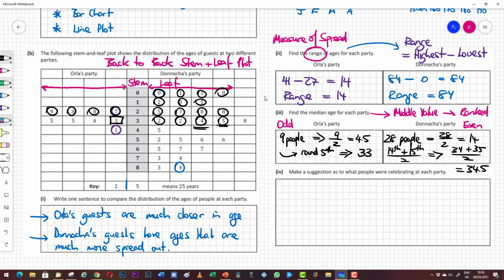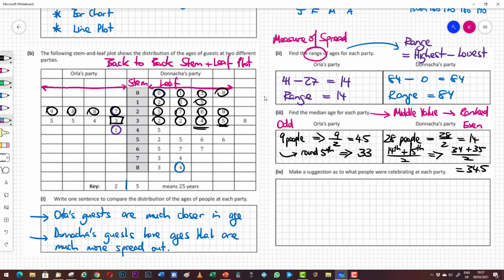Now, what's interesting is, even though there's a totally different range of guests between Orla's party and Donica's party, the median age is around the same. And that's where sometimes the measure of average, or the median, can be a little misleading. Yes, the middle person in each party is around the mid-30s, 33 and 34.5, but that doesn't actually tell us much about the range of ages of guests at the party.